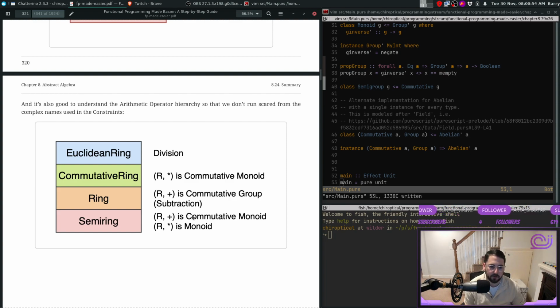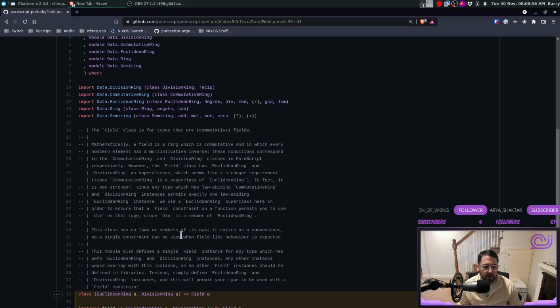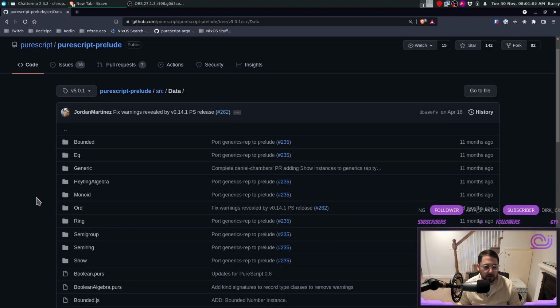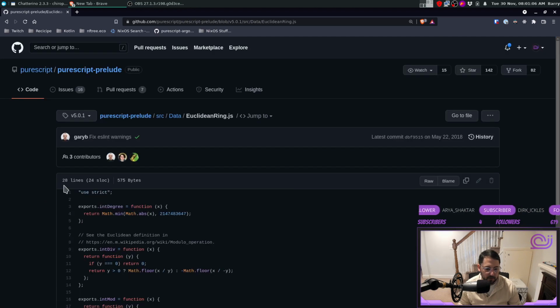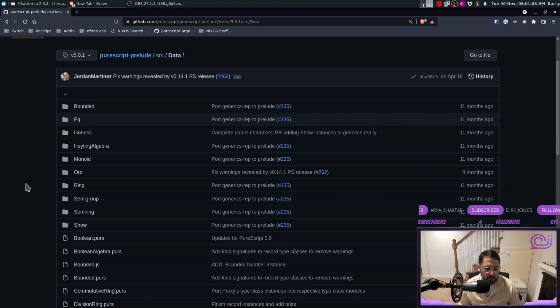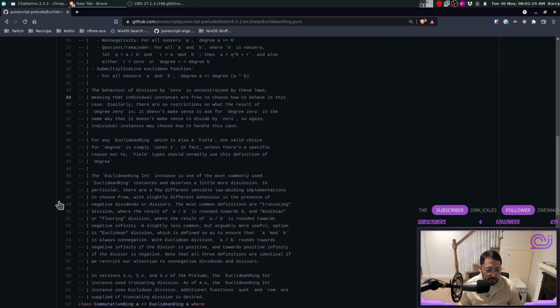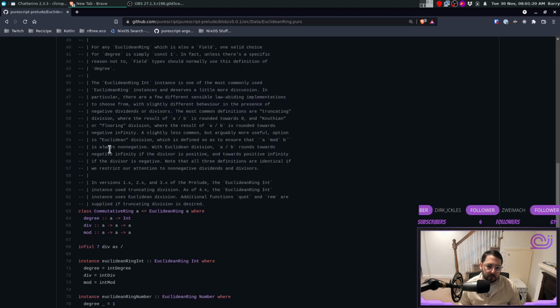Okay, that's good to know. Actually, let's look at Euclidean ring. Here it is. So it's just div and mod. I don't know what degree is. What's degree?